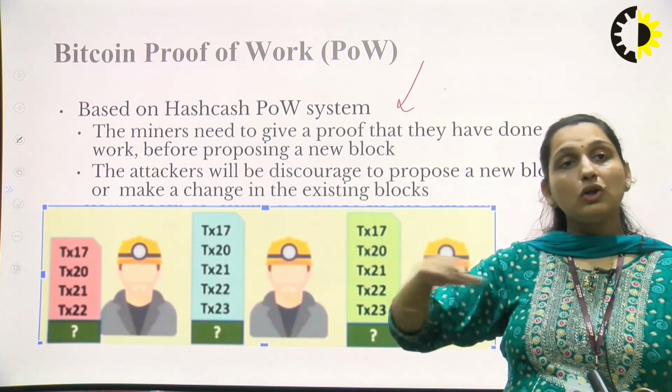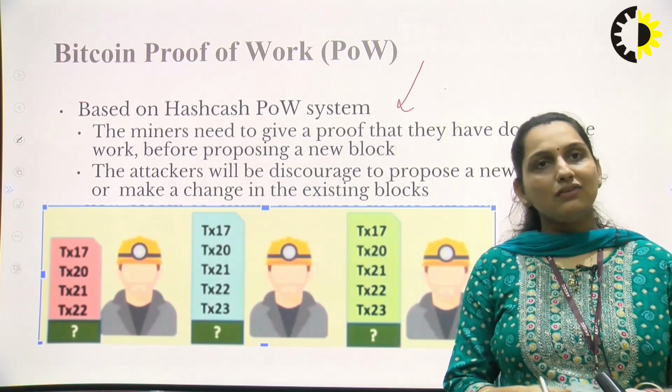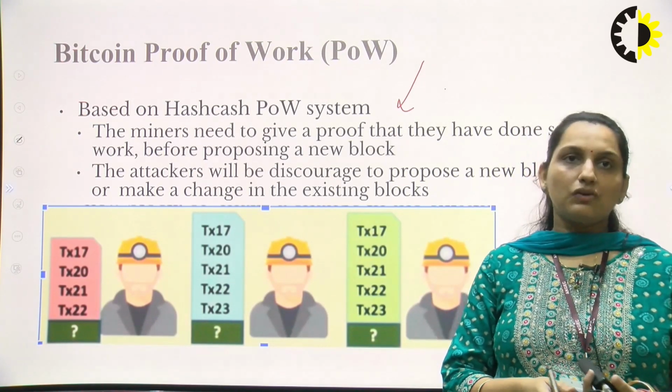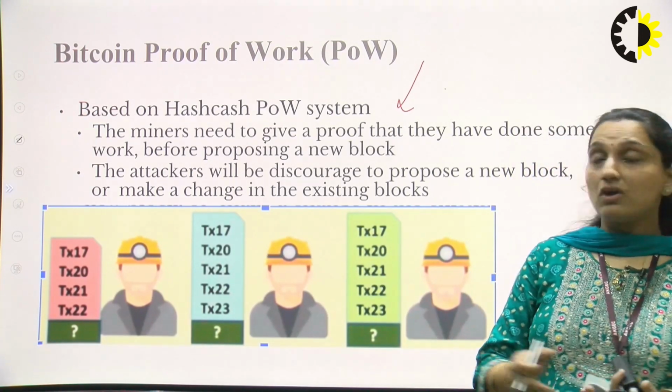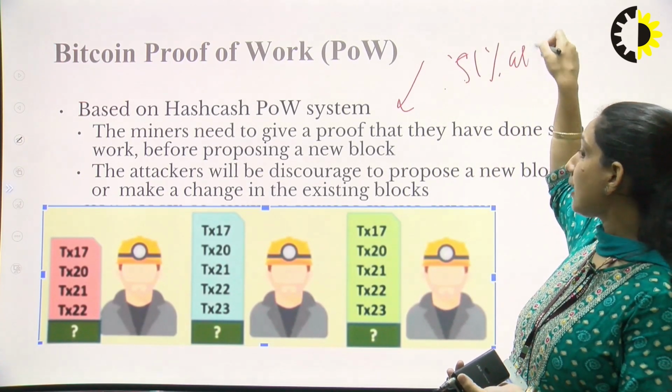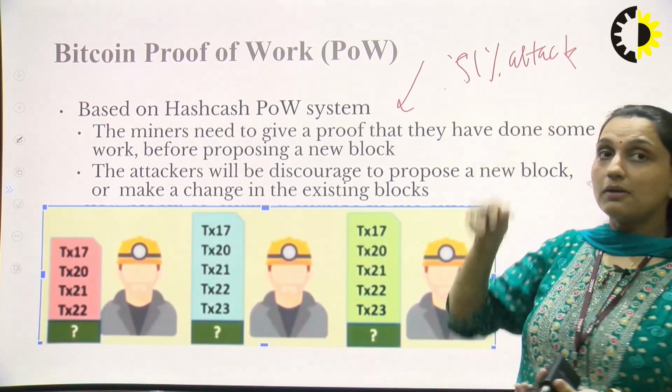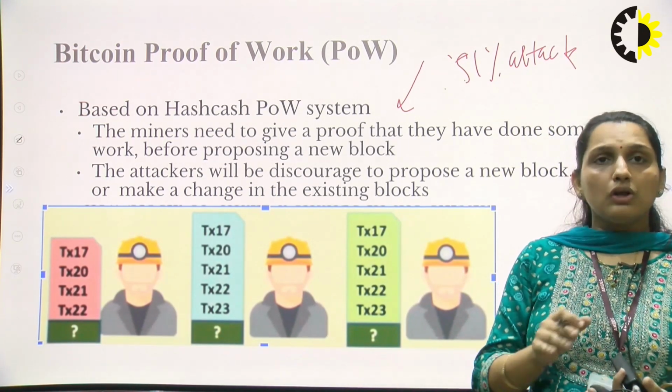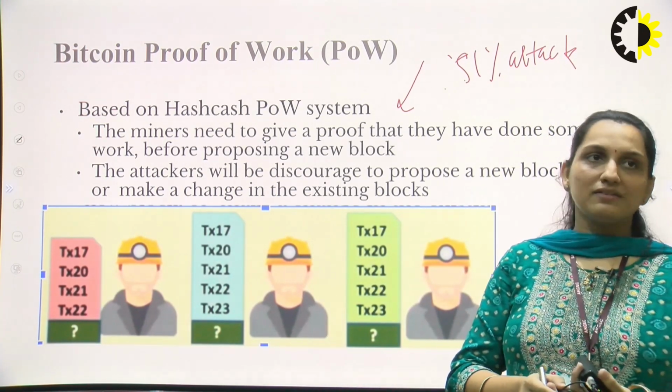You have to continuously change every hash in the chain. That is very costly, which is why we have the 51% attack. You have to attack with 51%. So this is a solution for an open system consensus protocol.